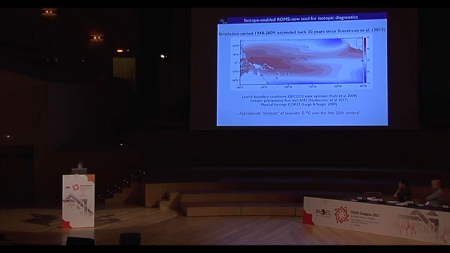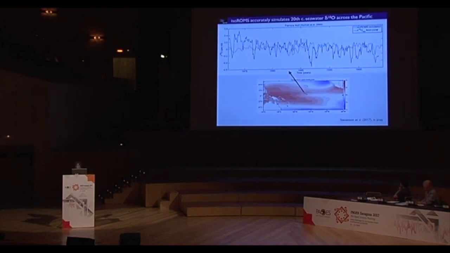This is my attempt at creating as close to a fully three-dimensional time-varying observational product of seawater delta 18O as possible, given the observations that we already have. And we are now able to accurately simulate seawater delta 18O variations across the entire Pacific.